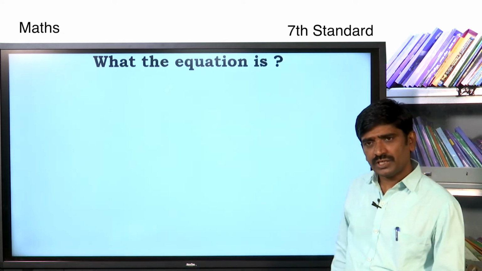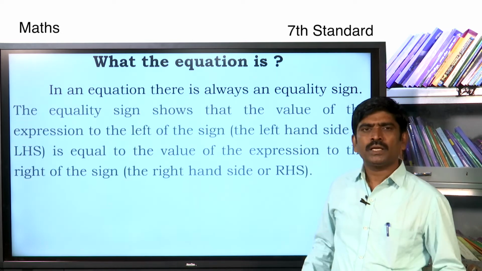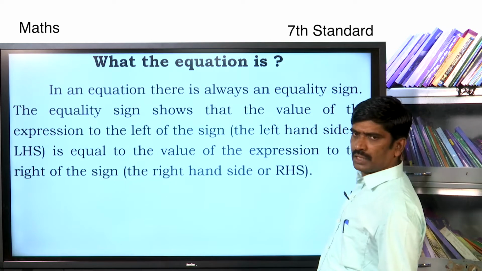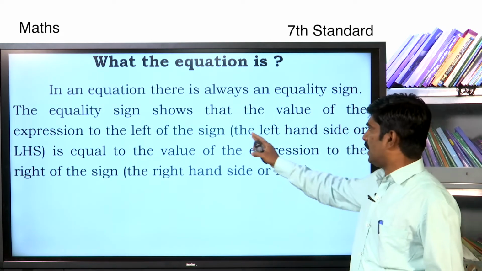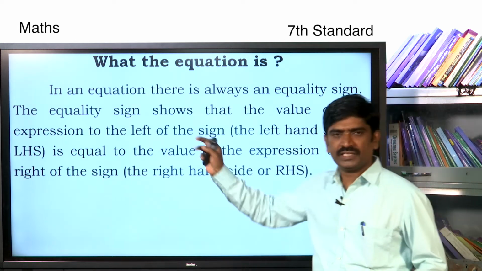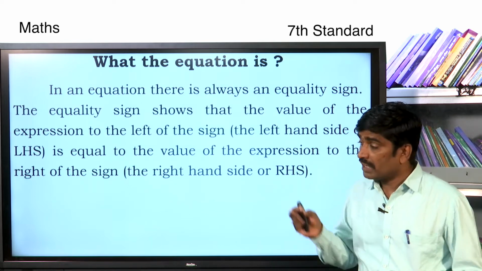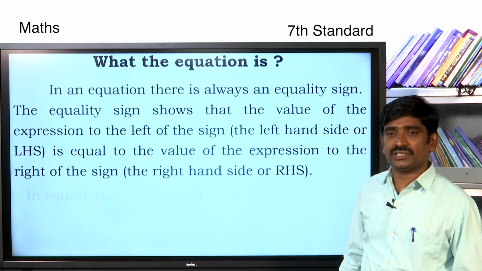What is an equation? In an equation there is always an equality sign. The equality sign shows that the value of the expression to the left of the sign, the left hand side or LHS, is equal to the value of the expression to the right of the sign, the right hand side, that is RHS.